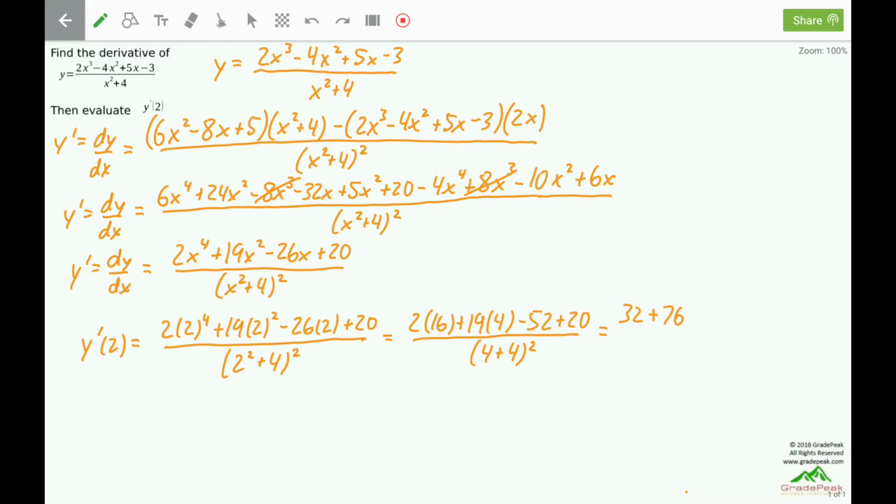Negative 52 plus 20, that'll be a negative 32. All divided by 4 plus 4, which is 8 squared.